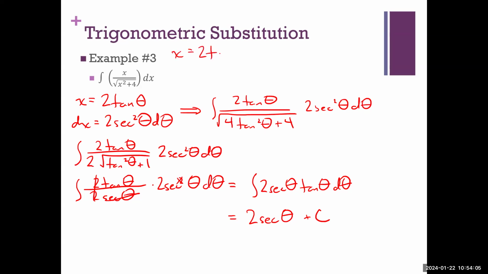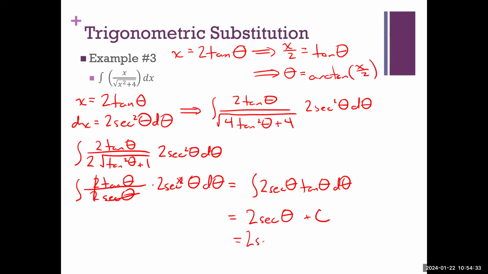So if x equals 2 tangent theta, then how do I start isolating theta? Divide by 2 on both sides. So x over 2 equals tangent theta. Then you take the arctangent to find theta. Theta equals arctangent x over 2.